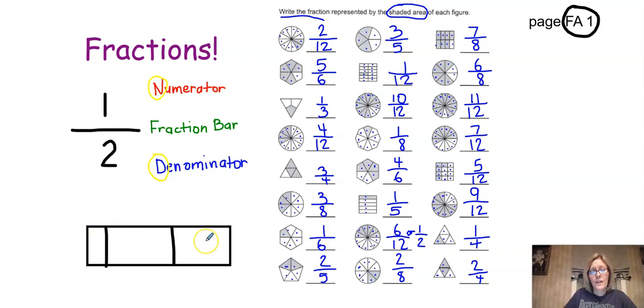And there were 3 pieces here. I couldn't call these pieces thirds. Well, because they're not equal. So this could not represent a fraction. So fractions have to have equal pieces. They have to have a numerator, a fraction bar, and a denominator.